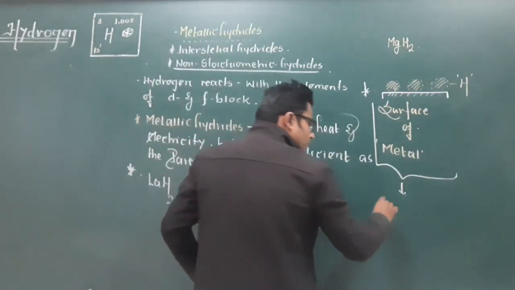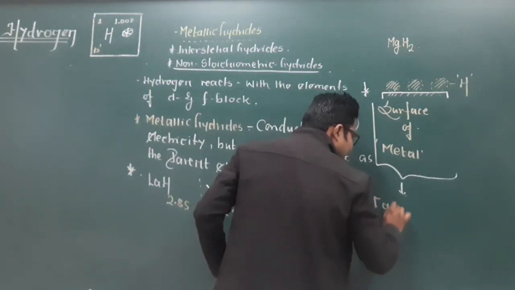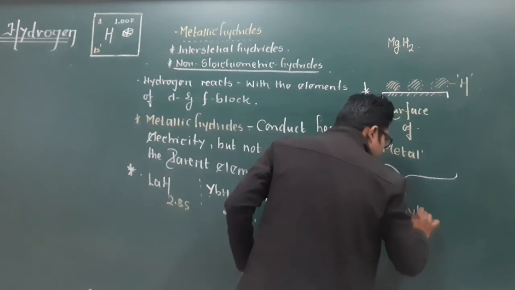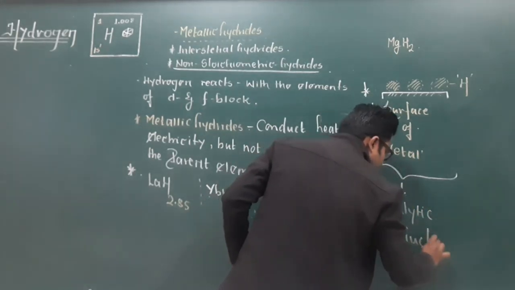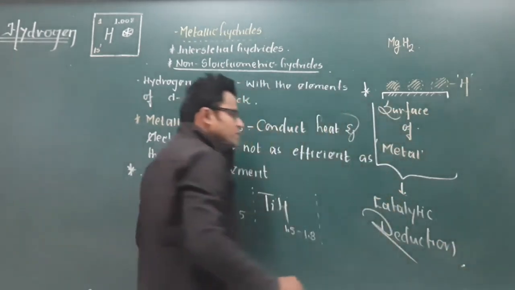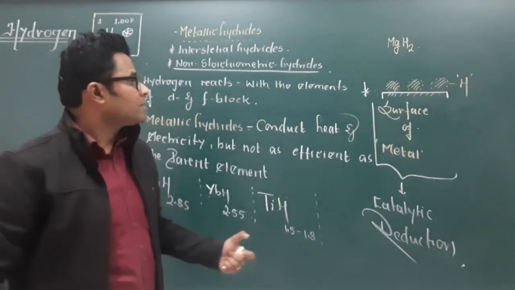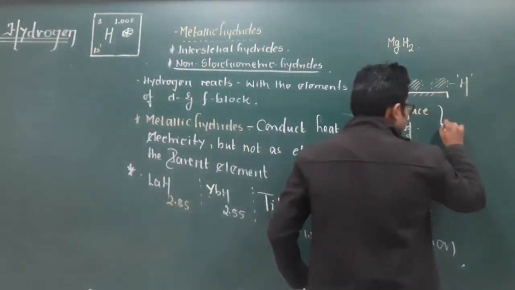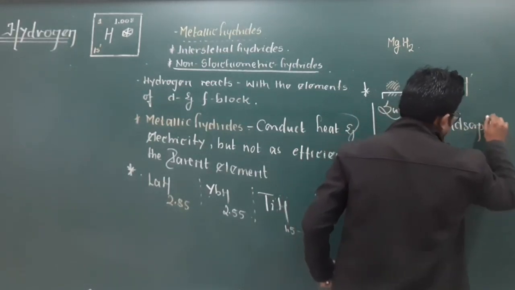So it is taken for selective reductions, or you can also call it catalytic reductions. Okay, so it is taken into consideration for the catalytic reduction or selective reduction. So this particular phenomenon is called the process of adsorption.